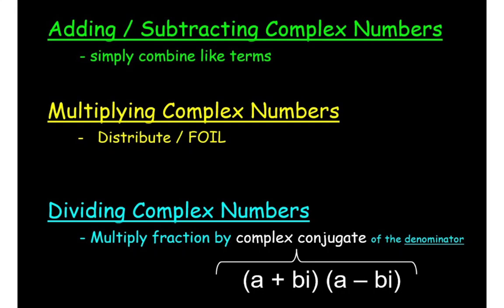See this idea of having a plus and a minus. Apparently, we're going to have to multiply the fraction by the complex conjugate of the denominator. Okay, so what that means is that we're going to look at the denominator to try to determine our complex conjugate.